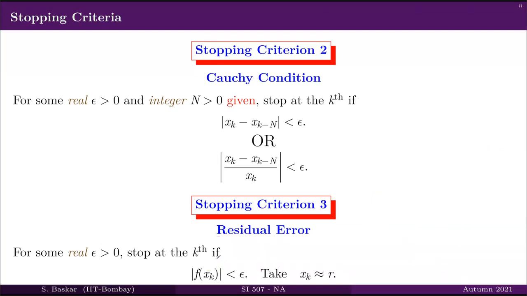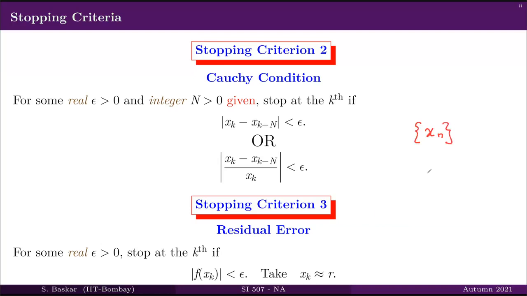Well, this is all about how to stop an iteration on a computer. Coming to the theoretical question, suppose my iteration is going on infinitely, then the Regula-Falsi method, just like the bisection method, will give me a sequence of real numbers, right?